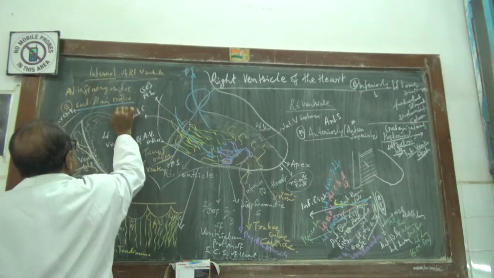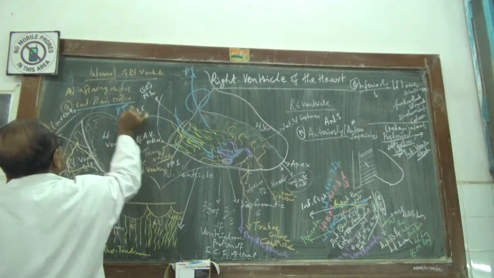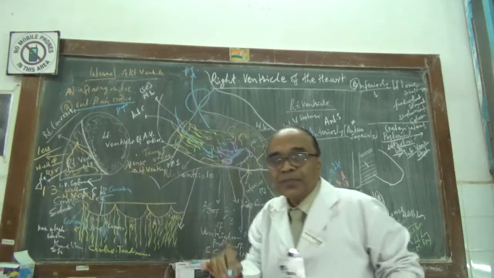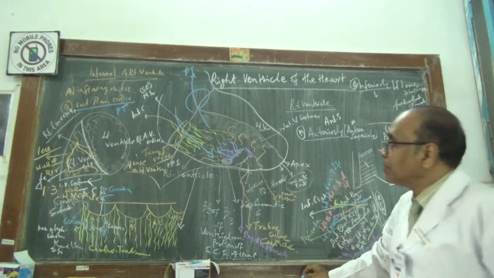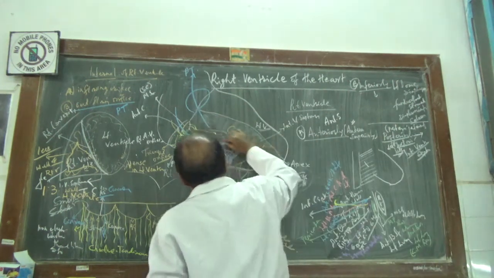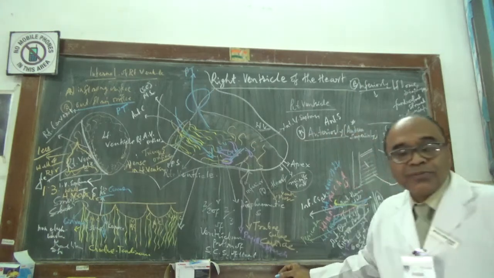The pulmonary trunk is the outflowing orifice of the right ventricle. So this is what the blood is ready to fountain out.